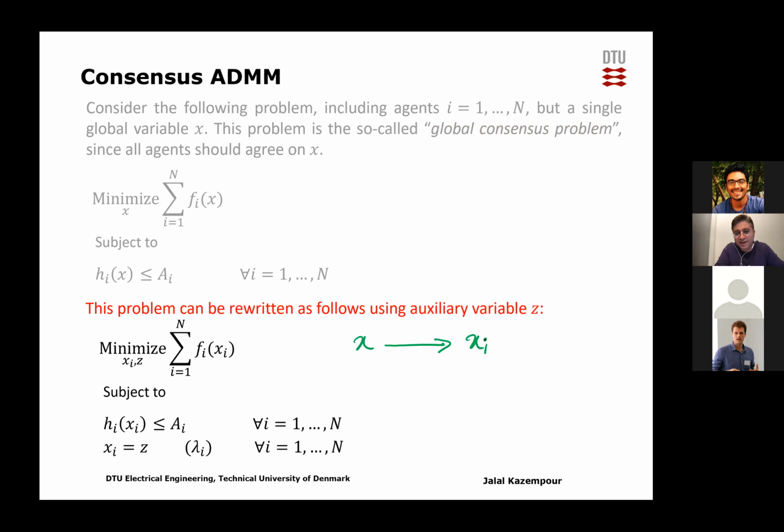And then we add a constraint, something like the non-anticipativity conditions that you saw for two-stage stochastic programs. So for all i's, the variable at the end should reach a consensus. z is also a variable. z is a dummy, auxiliary variable.